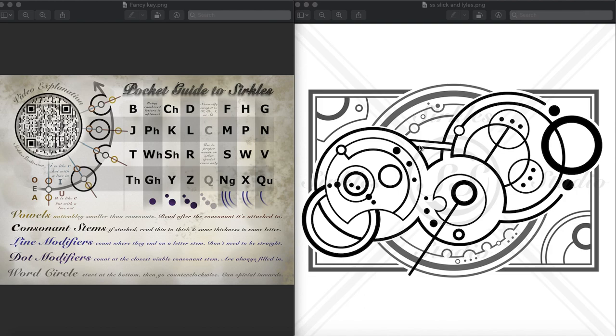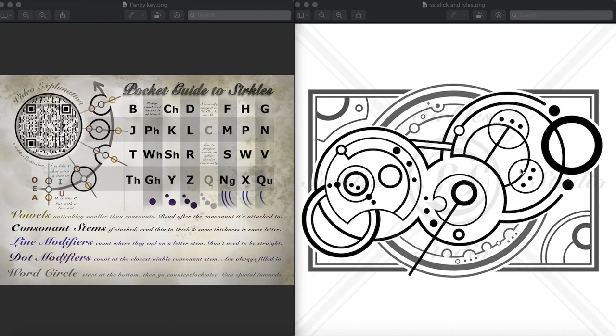And then we have these 2 lines, and they connect up to the word circle between the E and the S. I don't have any sentence punctuation marks or anything written on this pocket guide, but a double parallel line is an apostrophe, so that's the apostrophe between the E and the S. 1, 2, 3 lines on this S makes it L-Y-L-E-S, so Lyle's.